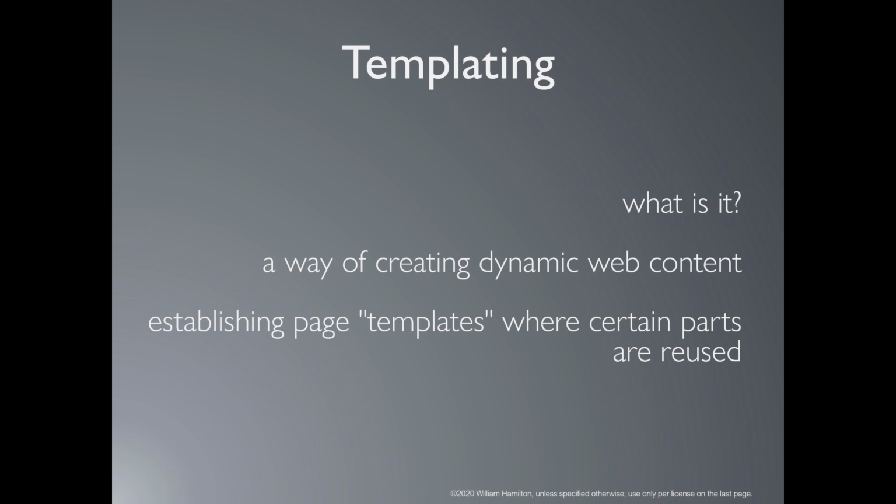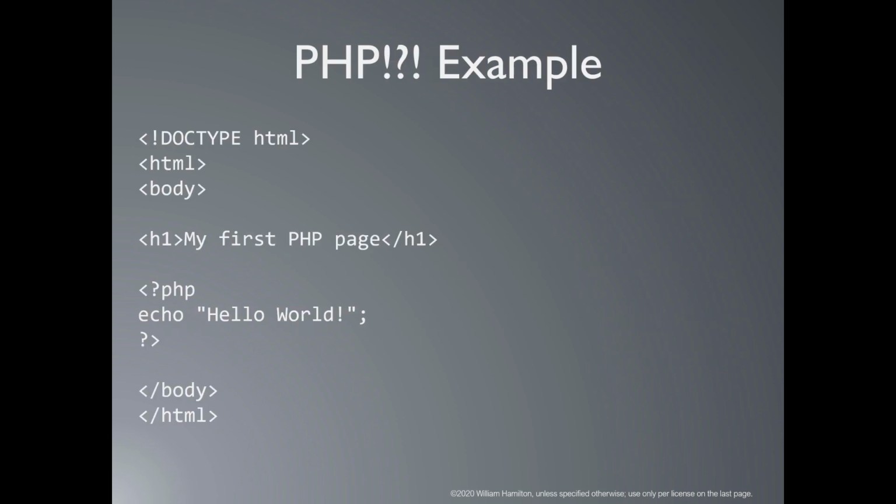I guess maybe the easiest way to explain it is with an example. I have a PHP example, just because if you've ever worked with PHP, it kind of works like this. This would be an example of a very simple PHP file, which mostly works like HTML, where I have HTML, body tags, regular structure.